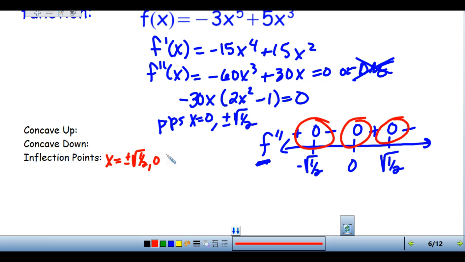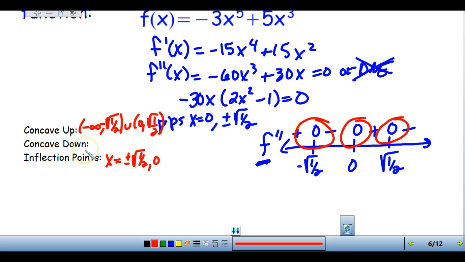This particular function is concave up from negative infinity to negative square root of 1/2. And then concave up from 0 to positive square root of 1/2.